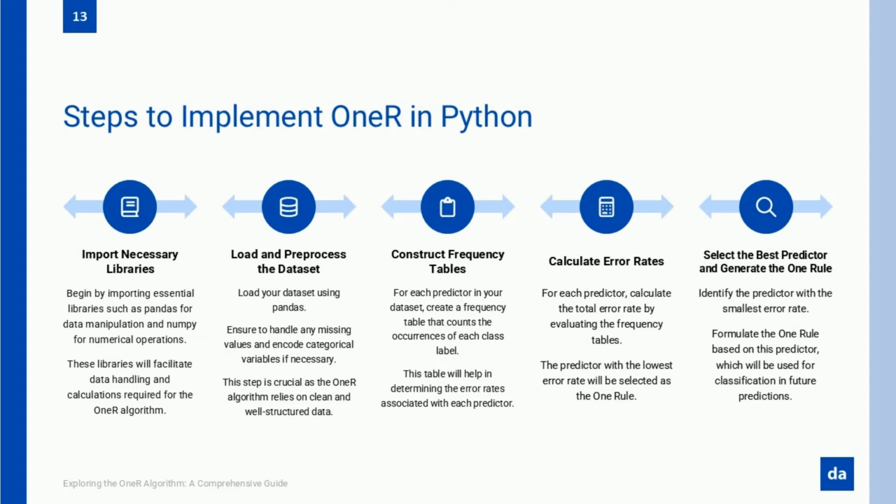Its simplicity makes it an excellent choice for exploratory data analysis, where the goal is to identify the most influential variable before diving into more complex models. Now that we understand the implementation process, let's explore how to visualize OneR's results for deeper insights.